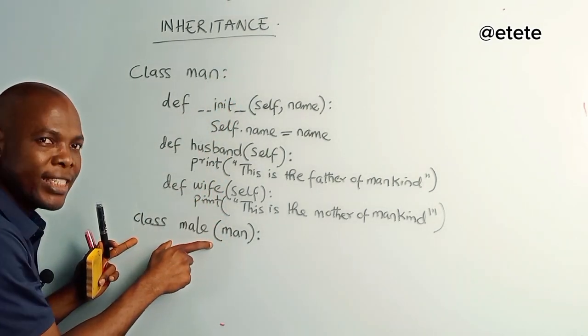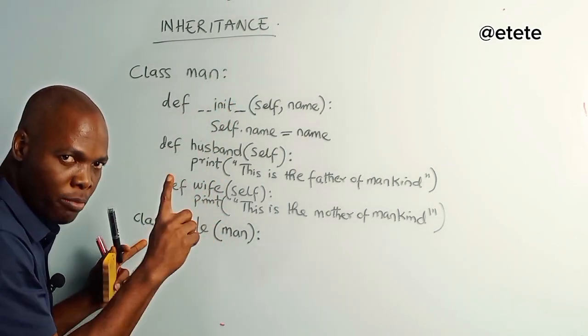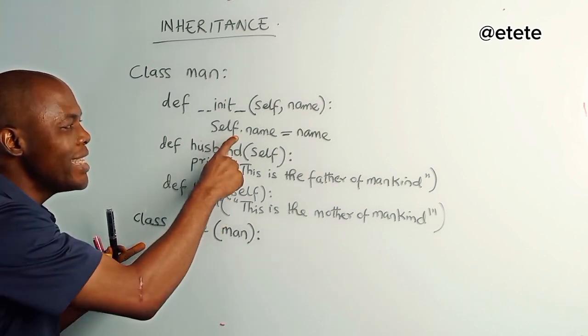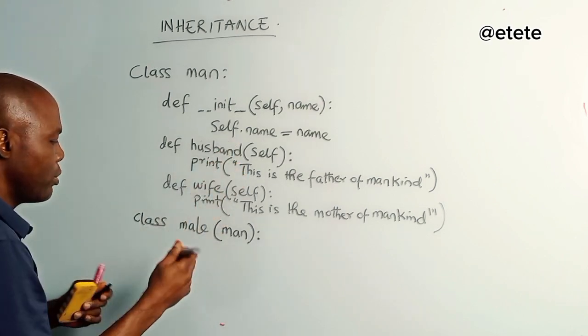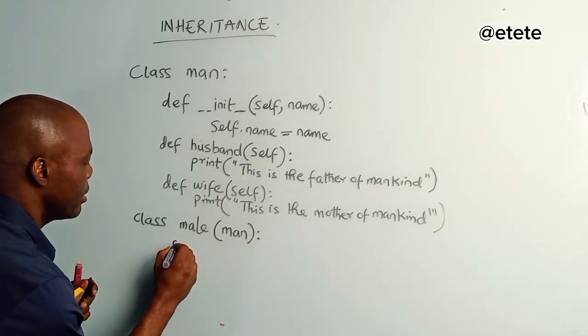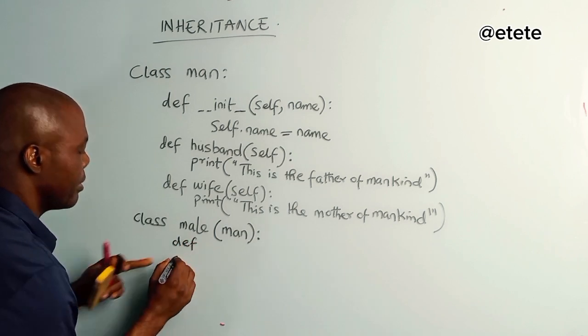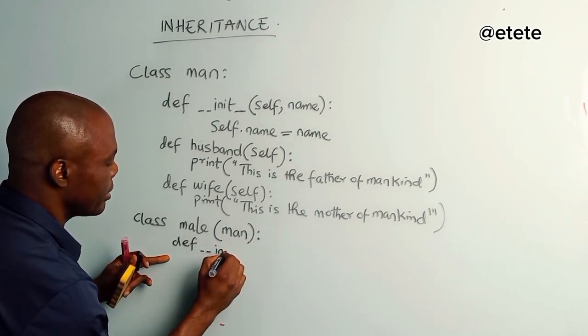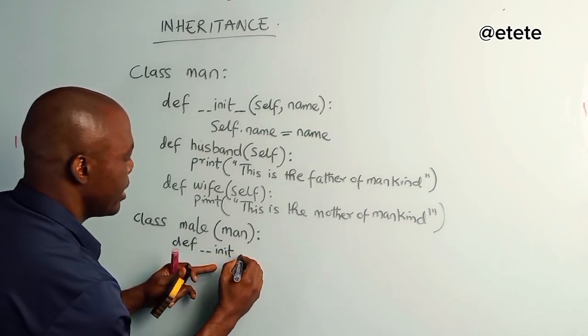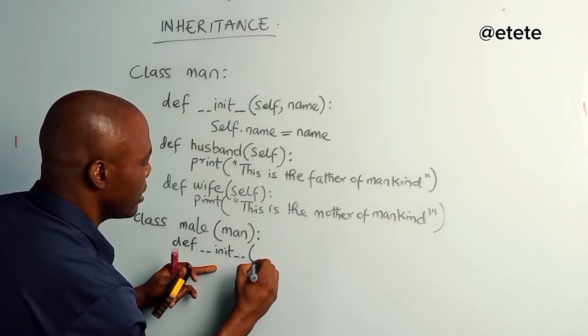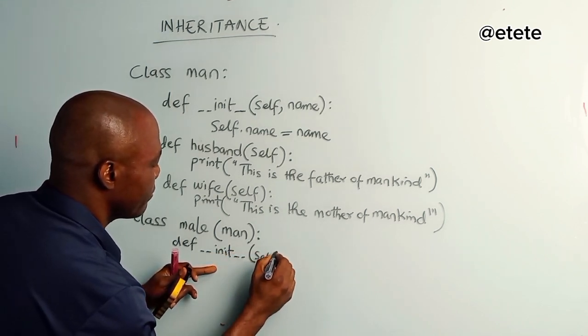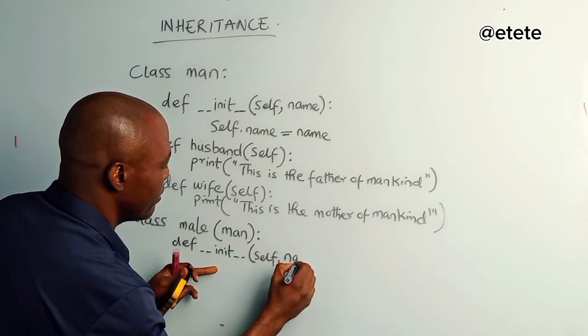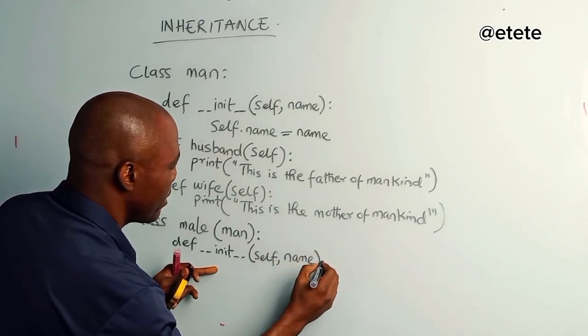Now inside this child class, I'm going to create just one method, which is the init method. So I'm going to define, and then I'll say double underscore init, and then double underscore. Here I will say self, and I will give it name, right?